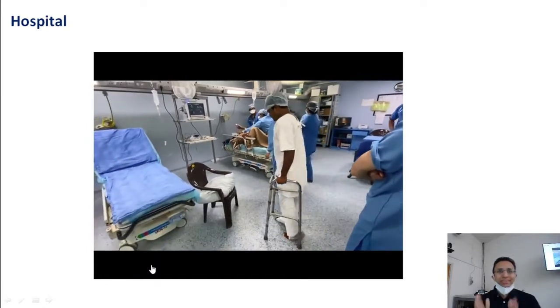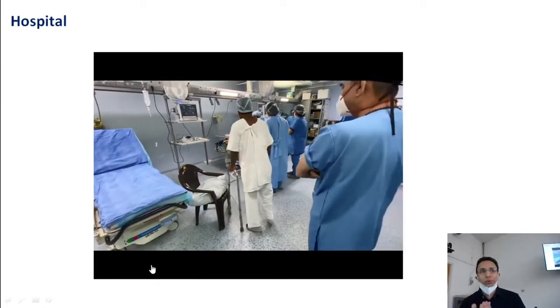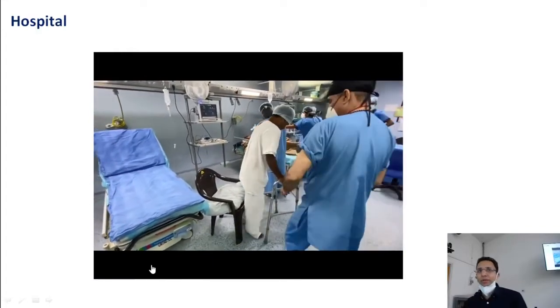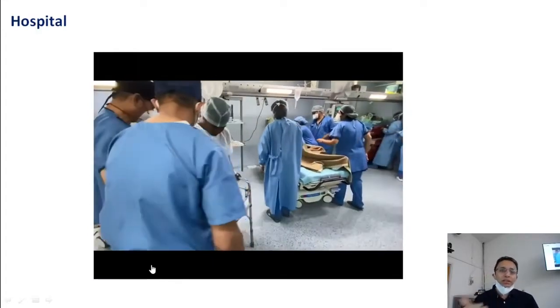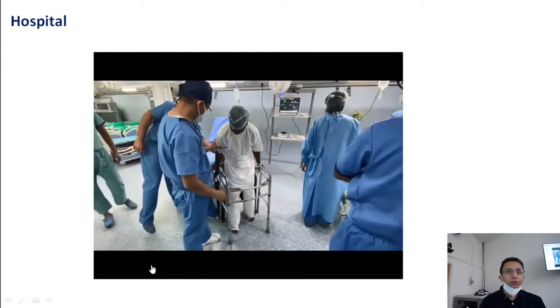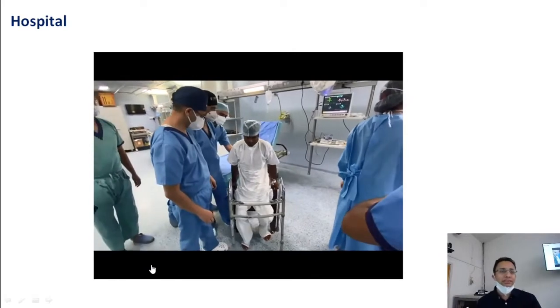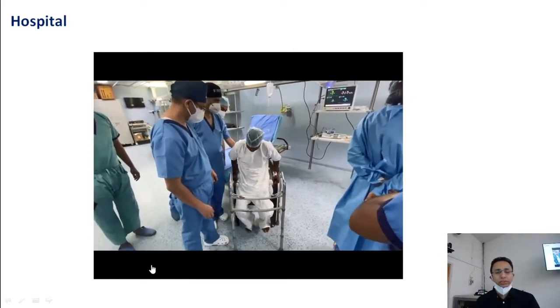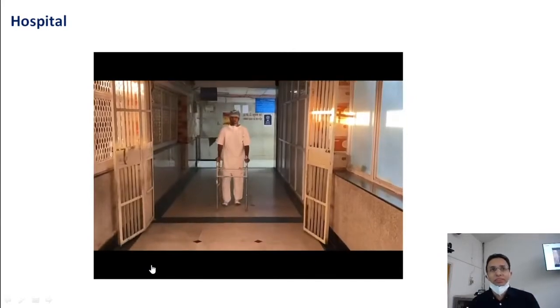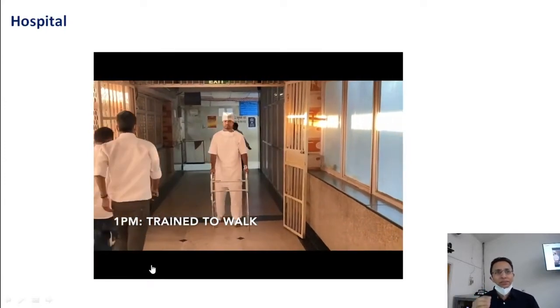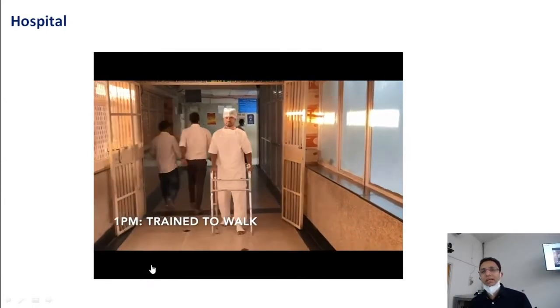All those things that a patient is supposed to do after undergoing a total hip replacement were done on the same day. In the conventional approach, the patient used to do these things a day later or the day after tomorrow. All those activities of daily living that are required for the patient were trained on the same day of the surgery.